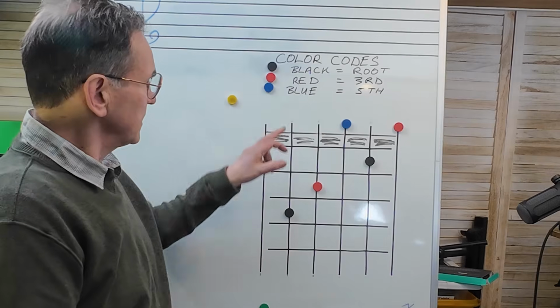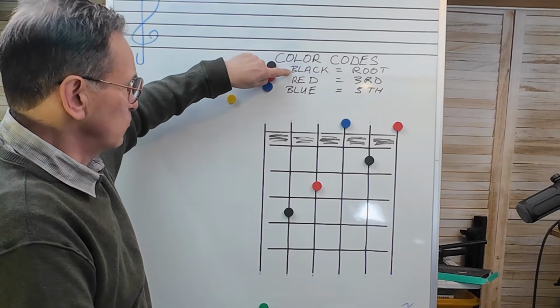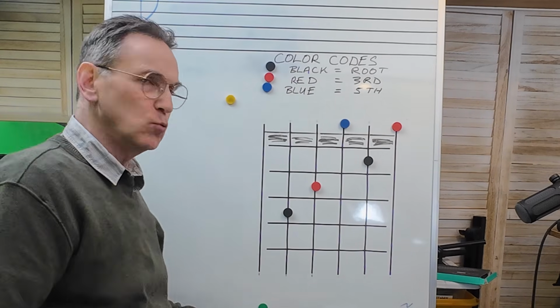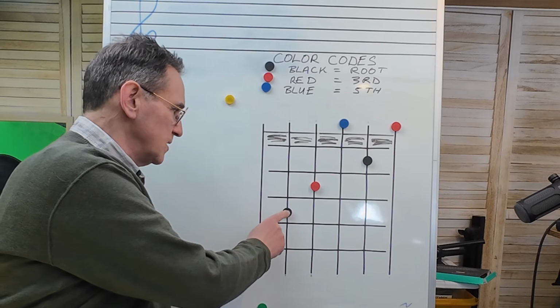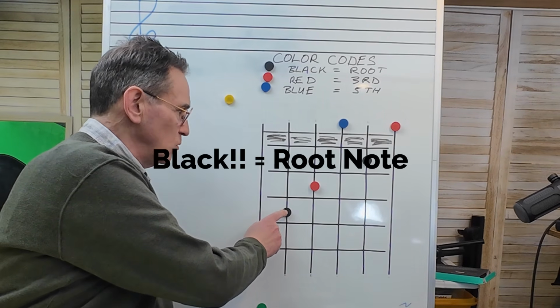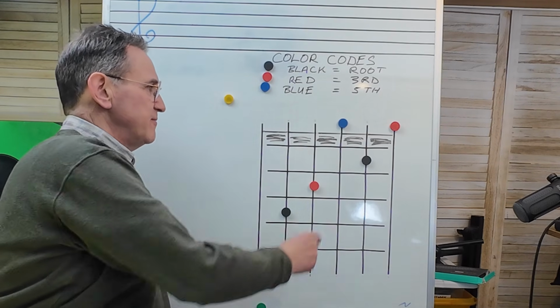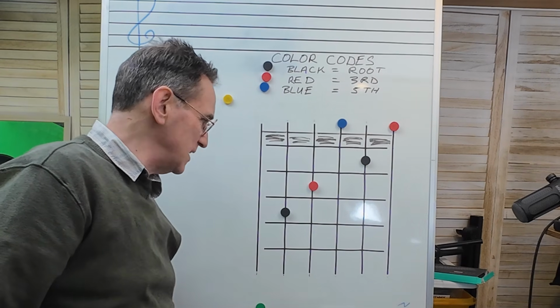Basically the system I've come up with is the black notes will be the root note, the red notes will be the 3rds, and the blue will be the 5ths. So here if you take a look at the C chord, the black will be the root note, this is going to be a major 3rd, this is going to be a 5th, and then over here you have another root and another major 3rd.